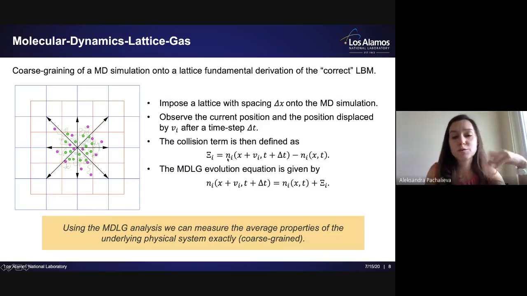Using this correlation, we can obtain a collision term. And by rearranging this equation, we can find the molecular dynamics lattice gas evolution equation, which is given by this. So basically, MDLG can measure average properties of the underlying physical system, and this is really exact, as we are just coarse-graining a molecular dynamics simulation.